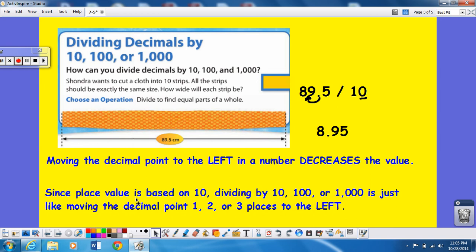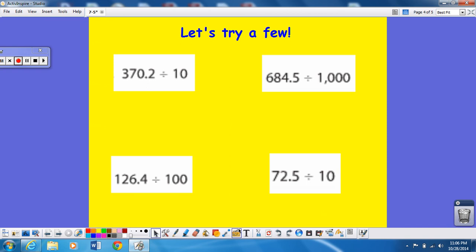When you look at a place value chart, each place goes up 10 times if you're dealing with whole numbers, and it goes down or decreases 10 times each place you go over on the decimal side. So since place value is based on that 10 system, when you divide by 10, 100, or 1000, it's the same thing as moving the decimal point to the left 1 place, 2 places, or 3 places. So I just wanted to clarify why we're able to do that and look at the zeros to help us work. All right, let's try a few.